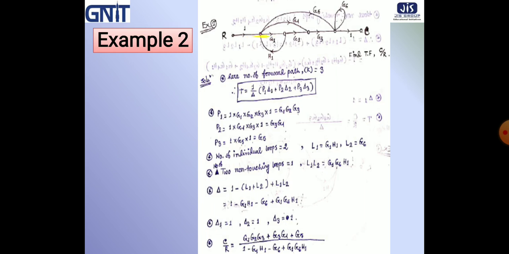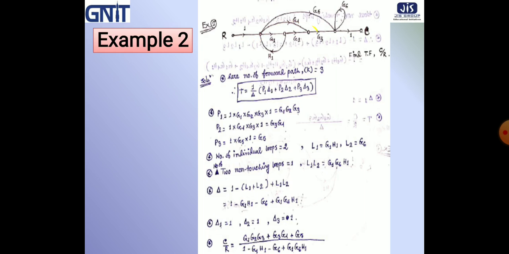So if we consider this as path 1, then the transmittance values of path 1 are multiplied, that is 1, G1, G2, G3 and 1. So ultimately we will get G1 G2 G3. So that is our P1.